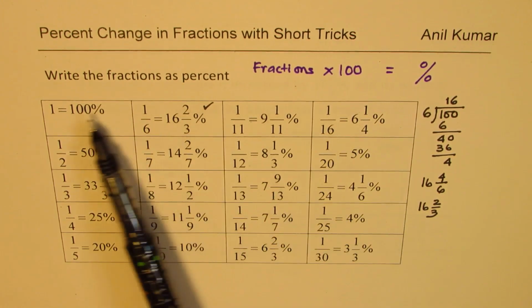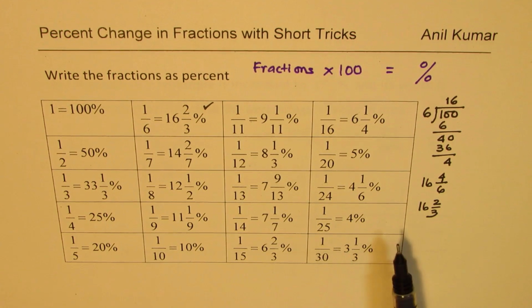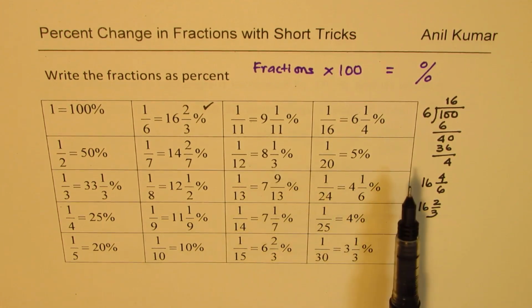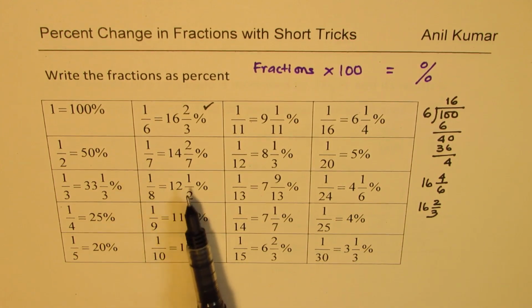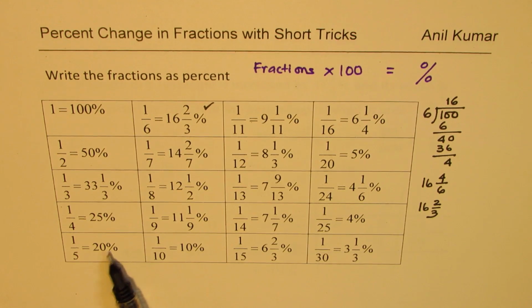If you remember these types of things, which you can by practice, now you know many things from this table, correct? 1 over 8 is 12.5%. We just used this value. 1 over 5 is 20%, right? So many such values. 1 over 6 is 16 2 over 3%. So many of these values, as you work, will be in your mind.